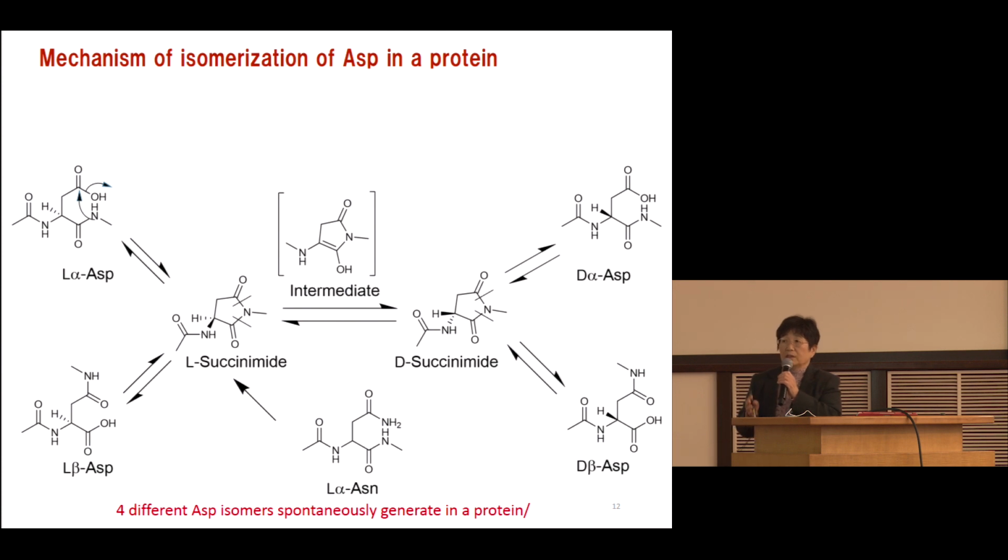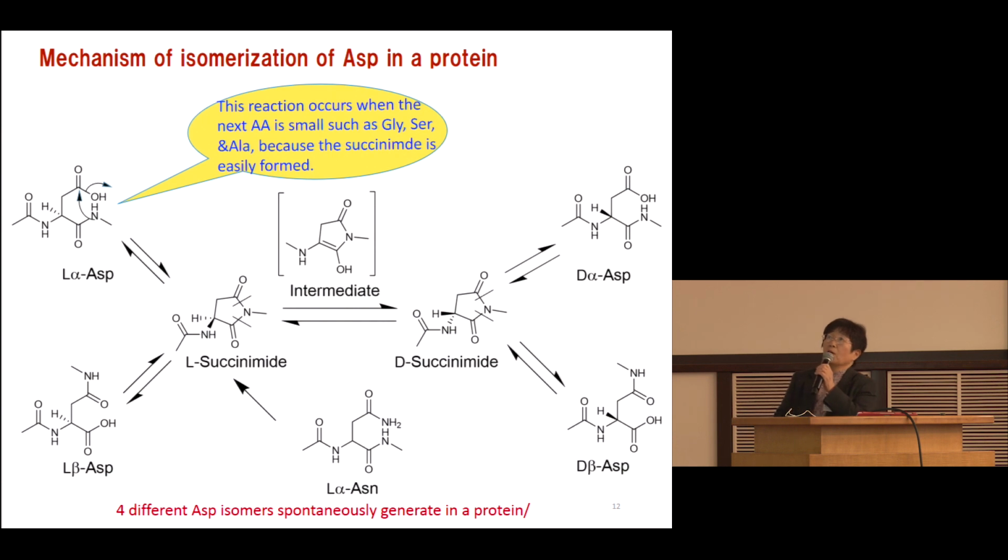So, there are 4 different isomers spontaneously generated in a protein. This reaction occurs when the next amino acid is small, such as glycine, serine, and alanine, because the succinimide is easily formed.